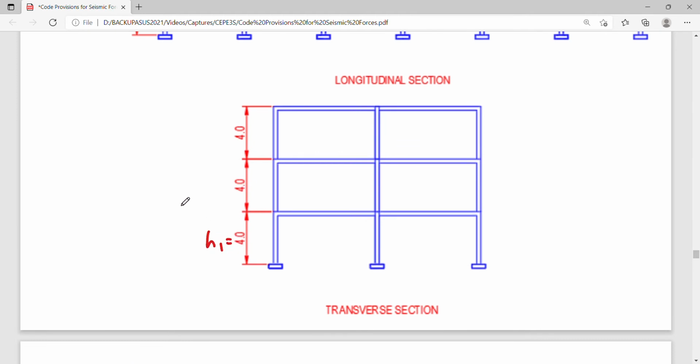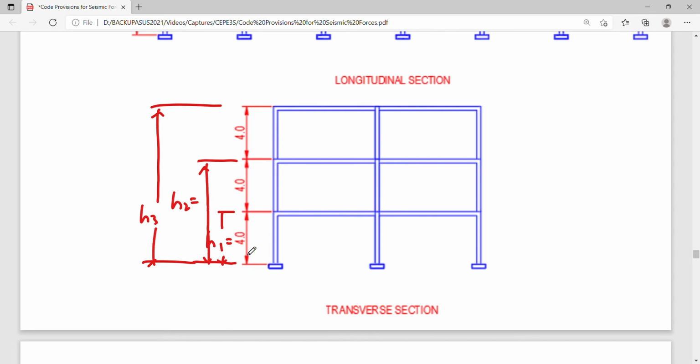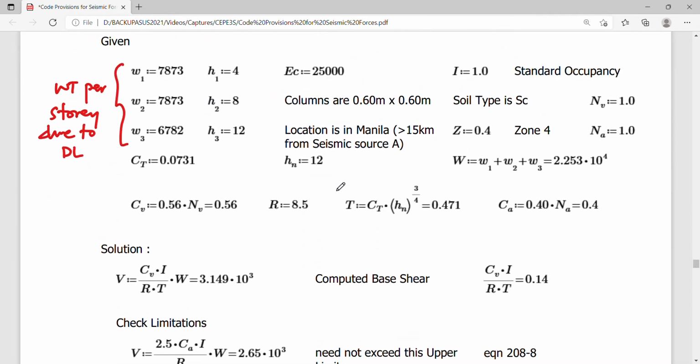H1, and then H2 is this one, and H3 is simply this one. So you are referring to the story height in terms of level 1, 2, and 3.